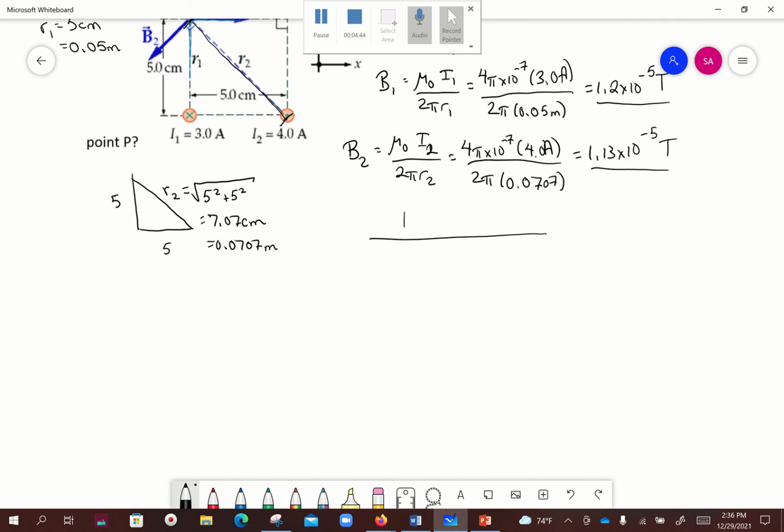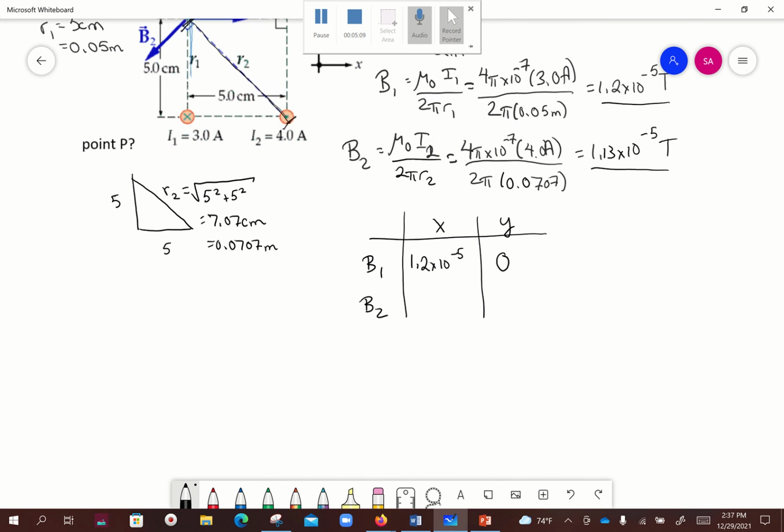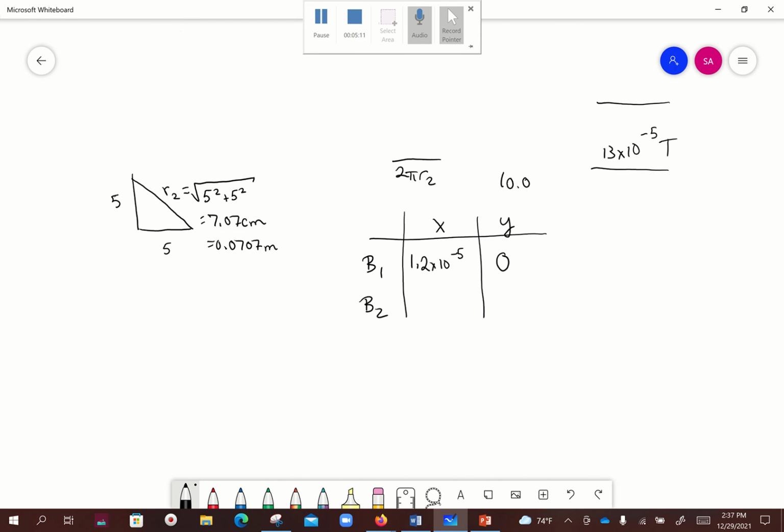So I'm going to make a little table, x and y components of B1 and B2. All right, so B1 is all in the x direction. So we're going to put the whole thing, 1.2 times 10 to the minus 5, in the x direction, and it's got nothing in the y direction. B2 now is going down at an angle. Let me pull that picture down a little bit so you can see it.